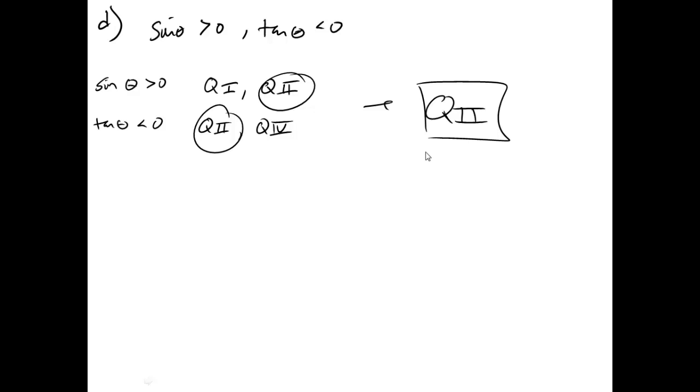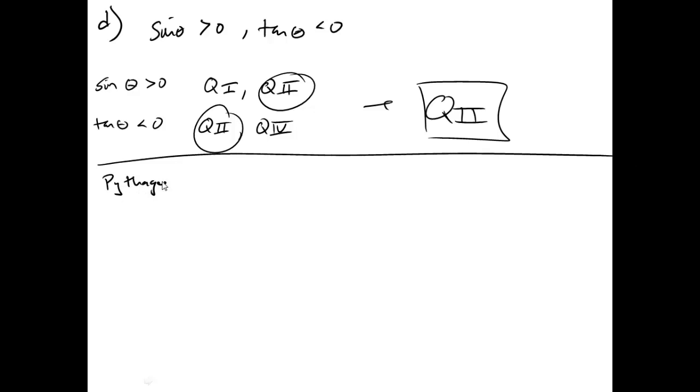The next thing to look at is some Pythagorean identities. And we've talked about these already. We're just going to state them again so you see them. Pythagorean Identities, where the first one was sine squared theta plus cosine squared theta equals 1.